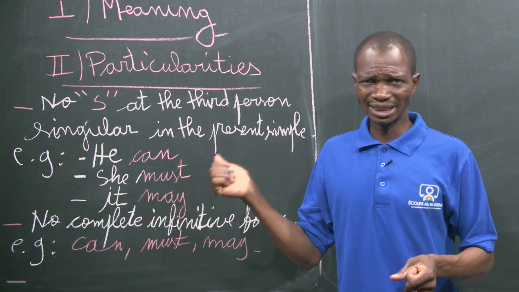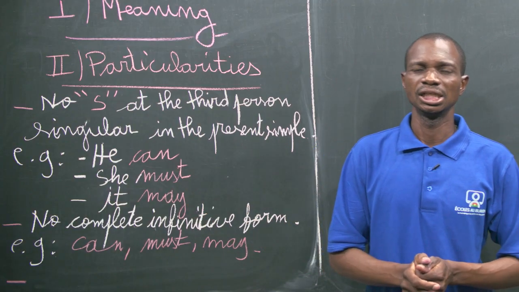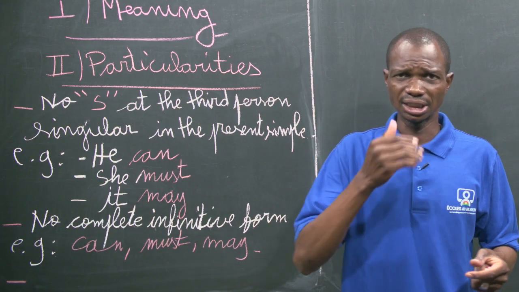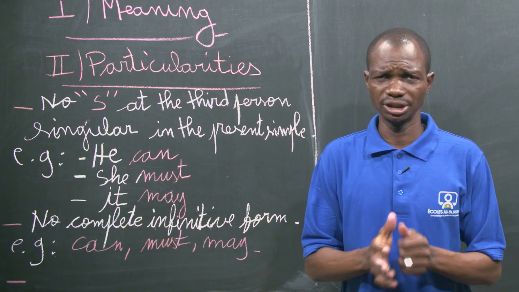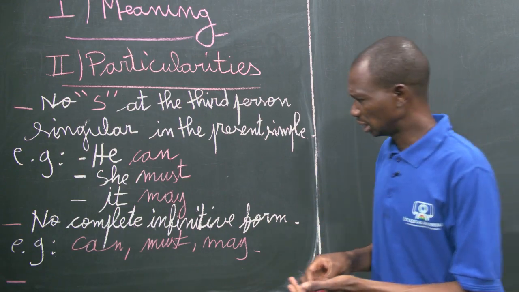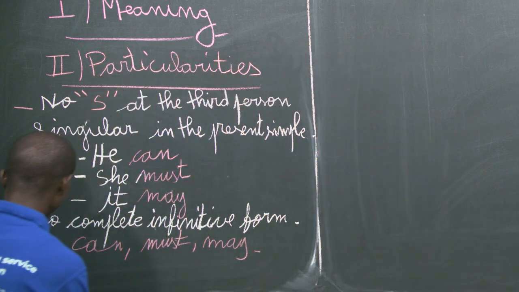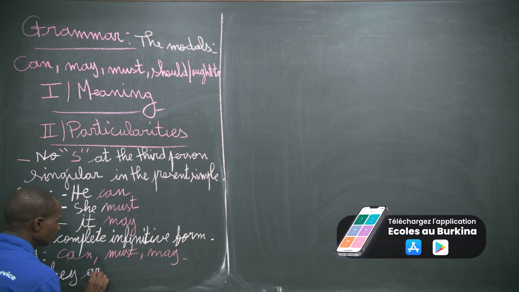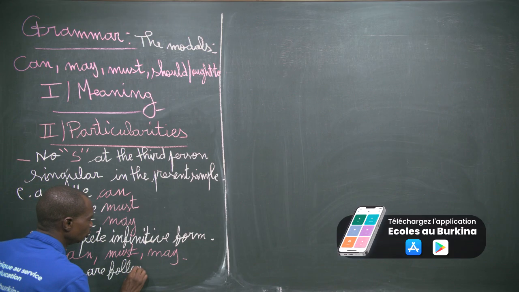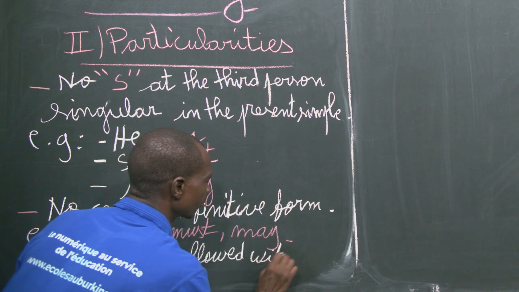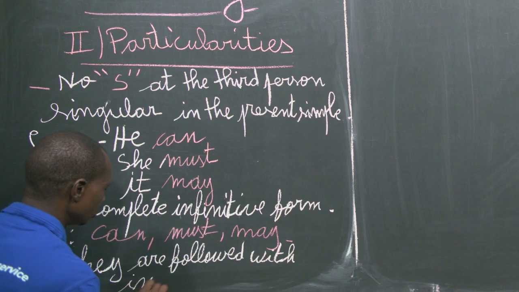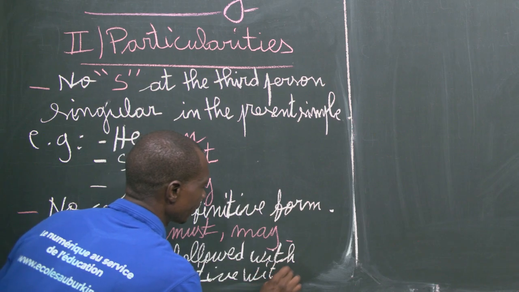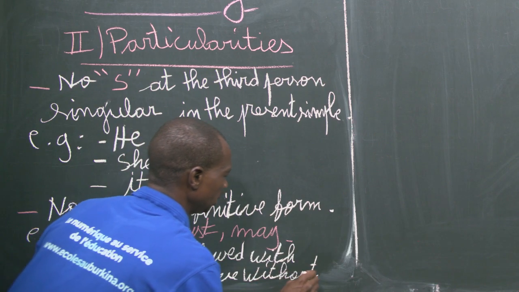But with the modal auxiliaries, it is not the case. If we want to use a modal auxiliary in a sentence, it is the incomplete infinitive form that we must use. So the modals are followed by the infinitive without to.